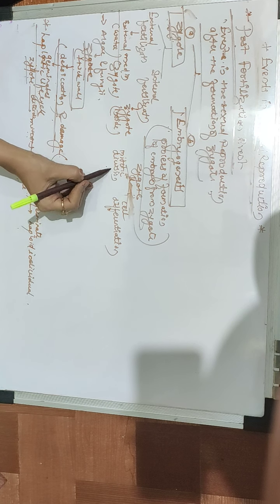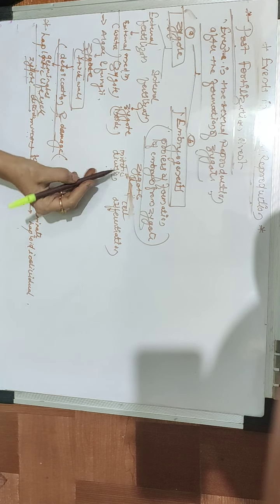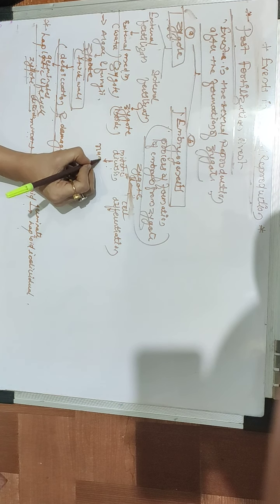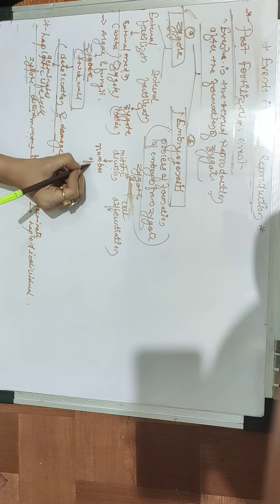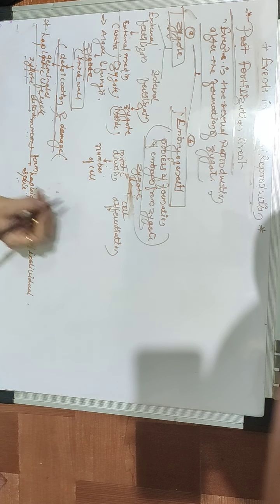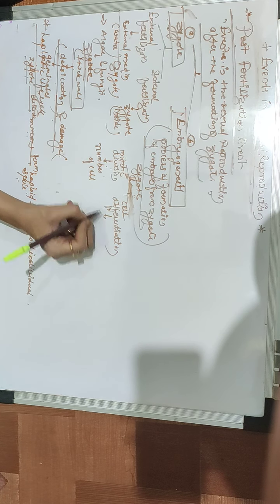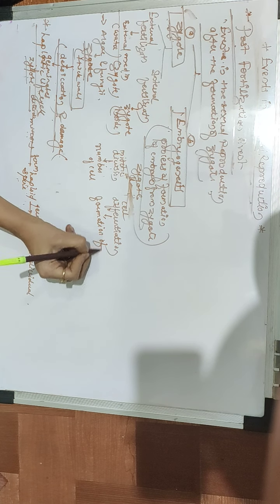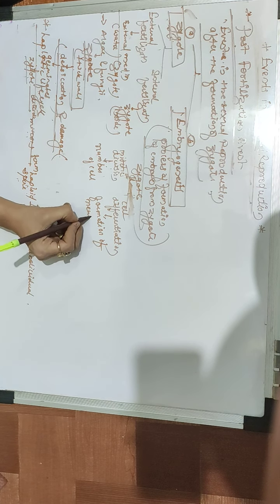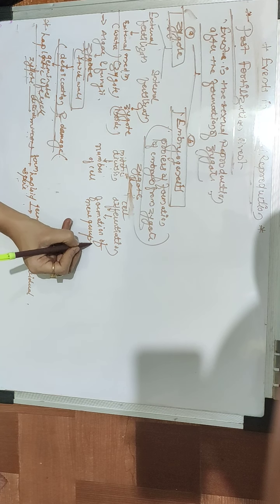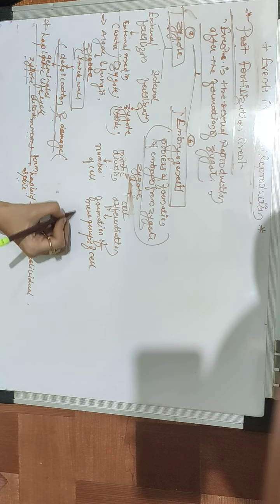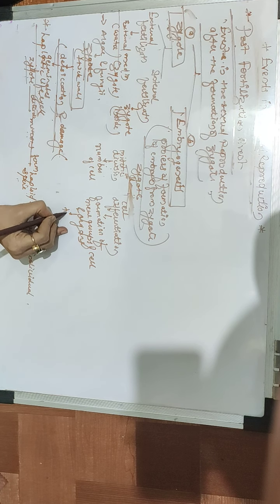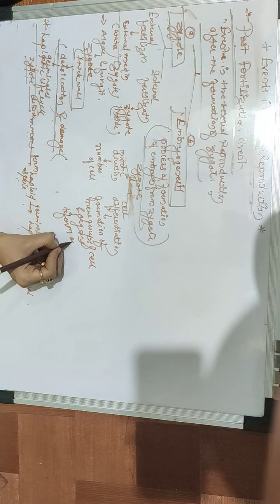What happens during mitotic division? That is known as cell division. Cell division increases the number of cells, and cell differentiation helps in the formation of new groups of cells, that is, the tissues and organs, to form an organism.